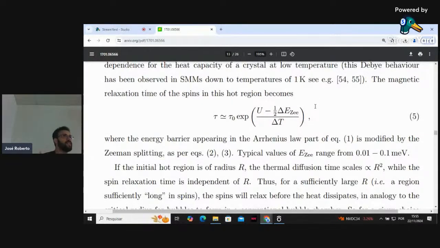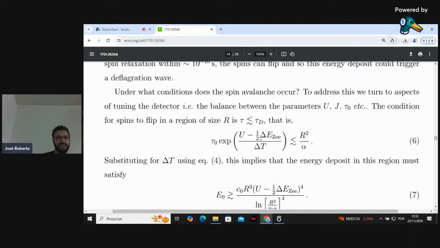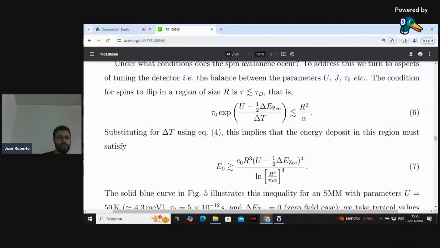As I said, the important part for us is the exponential part, and you can put that in the formula and find the threshold, which is that the condition for the spins to flip is that the thermal diffusion rate is greater than the relaxation rate. Why is that important? Because you need to have enough time for the heat, once the spin flips, to travel to other regions before it stays there.